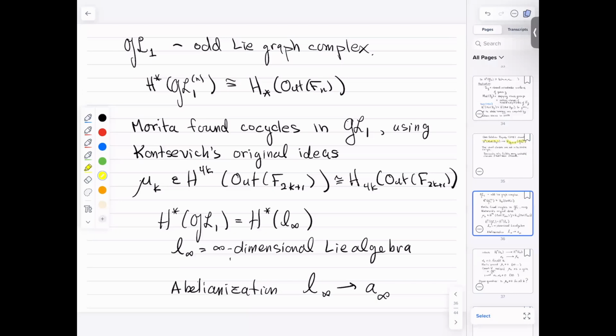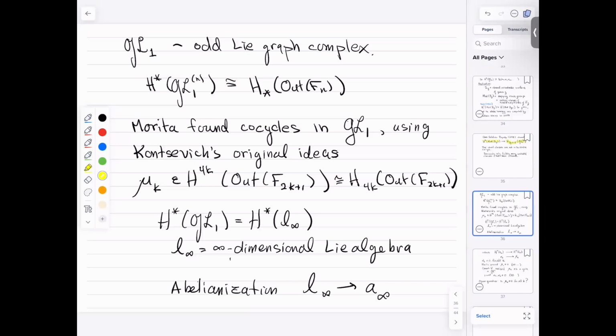We saw that a little while ago. And it turns out that Morita found cocycles in the odd Lie graph complex, using Kontsevich's original ideas.